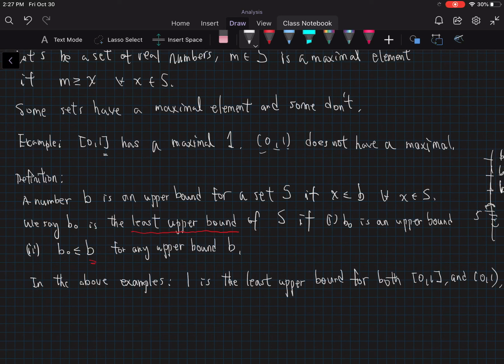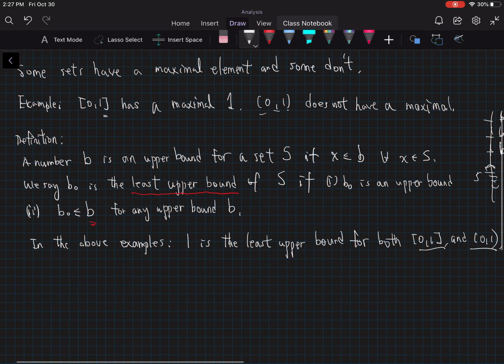Notice that we didn't say B null has to belong to the set. As long as you can find a number that is less than or equal to all the other upper bounds, which is 1 in both cases, then we call B null the least upper bound.